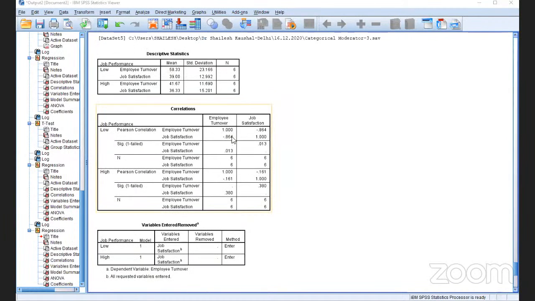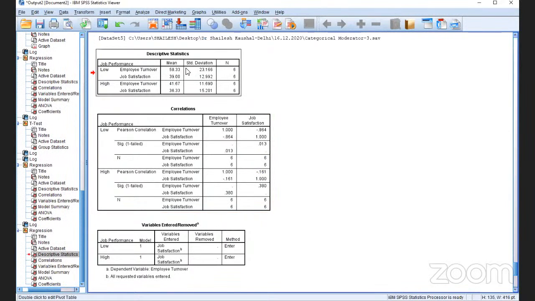So the first output is descriptive statistics. Descriptive statistics tell about the scores of low performers and high performers.